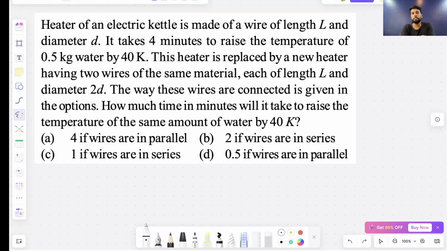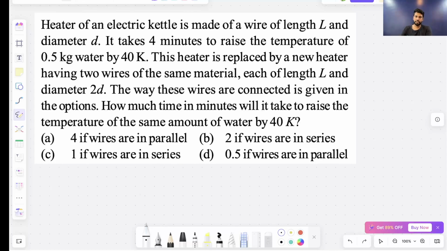This heater is replaced by a new heater having 2 wires of the same material, but each wire has length L but diameter 2D. Now, the ways these wires are connected are given in the options. How much time in minutes will it take to raise the temperature of the same amount of water by 40 Kelvin?